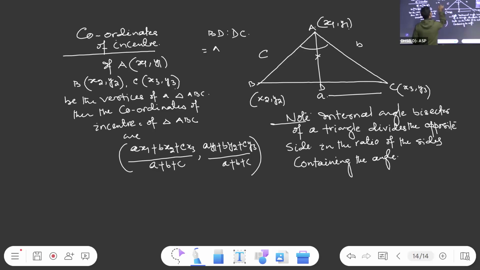BD is to DC is equal to AB is to AC. Okay, come to the proof.